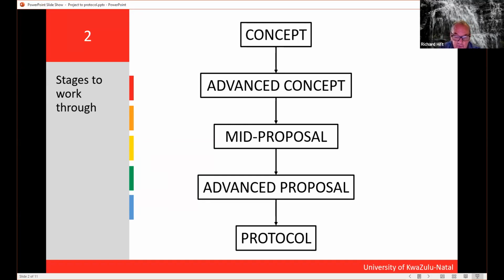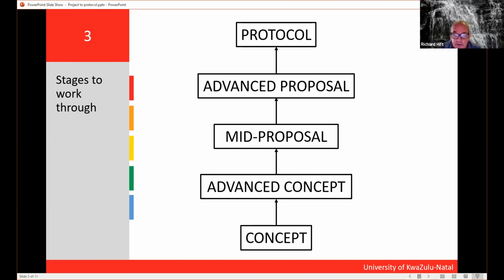And then the advanced proposal, which is really the stage at which you are now ready to submit your protocol. And then, of course, your protocol itself has to be submitted. But these all mark stages, not only in the development of the project, but also stages in your own self-development as a scientist and a scholar.